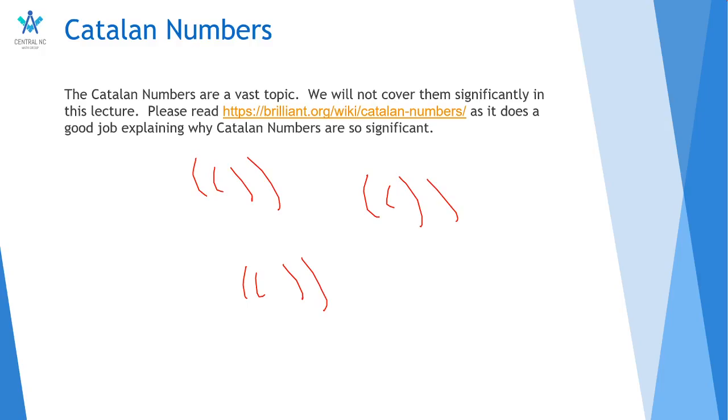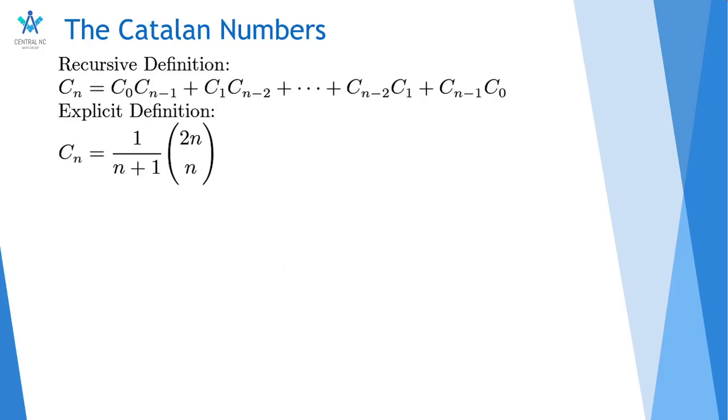I'll show you another example that I find better to explain the significance of these Catalan numbers, how they specifically apply recursively. If you go on here, the recursive definition of the Catalan numbers is basically the pairwise products, with the starting term going from 0 to n minus 1, and the second term going from n minus 1 to 0.